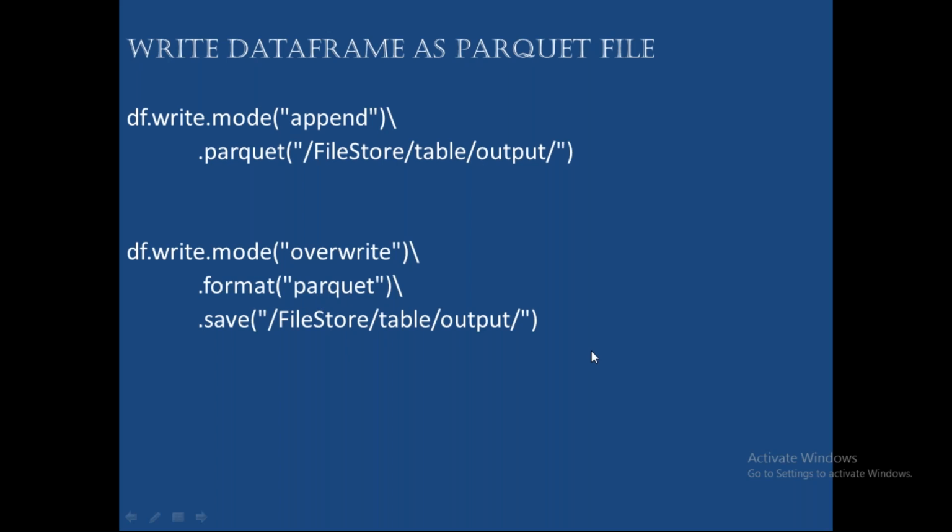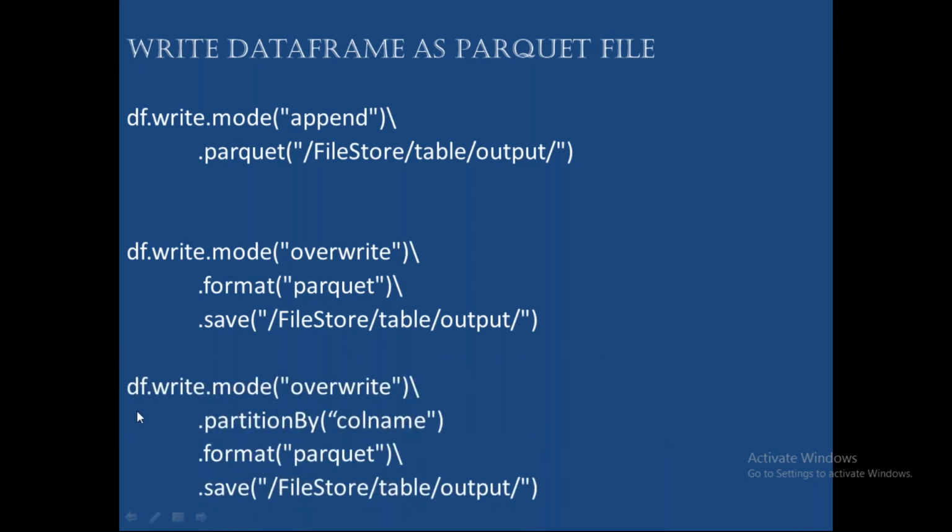Next, I want to create the partitions when I am writing the data. So I will create a partition like this. df.write.mode, and here also you can say append or overwrite, depends on your requirement. Next partitionBy. So you want to divide the data based on what column? Maybe you have some information such as a person.